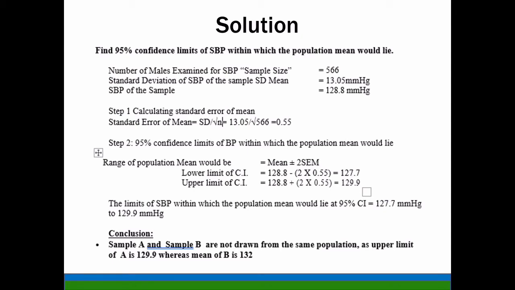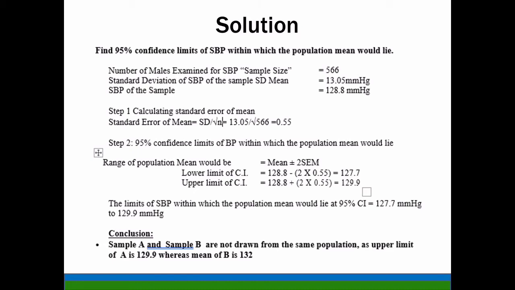Both values have already been given. The mean systolic blood pressure of the sample is 128.8 mmHg. Now, what is step 1? Calculating the standard error of mean. The standard error of mean is equal to the standard deviation divided by the square root of n, that is 13.05 divided by the square root of 566, the sample size, which is 0.55.